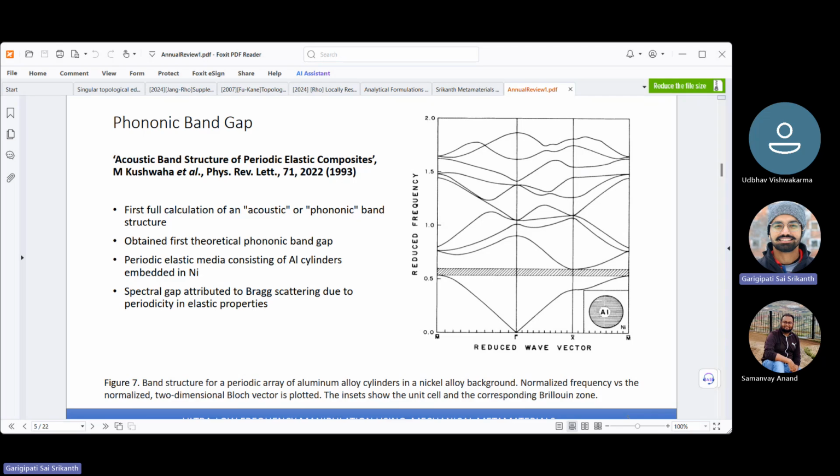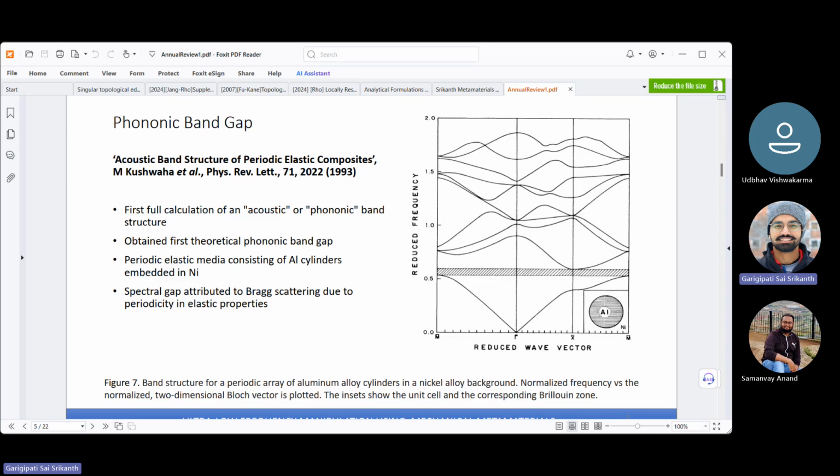So it has been realized. This is the first paper that shows a band gap using periodicity in phononic crystals. Although this is a proper 2D lattice, the concept is the same and it's extended.